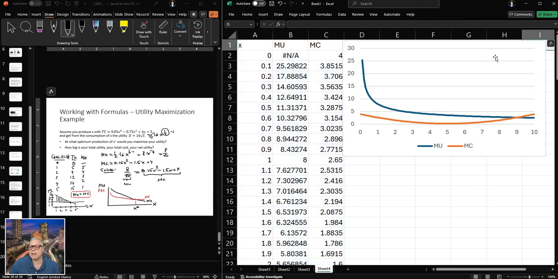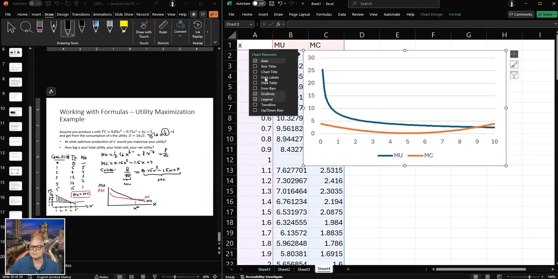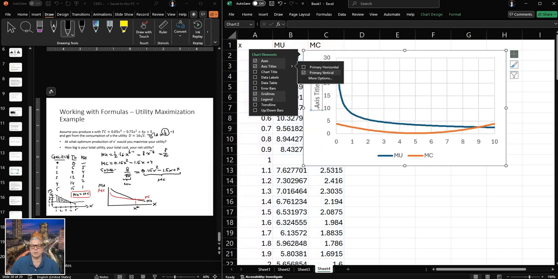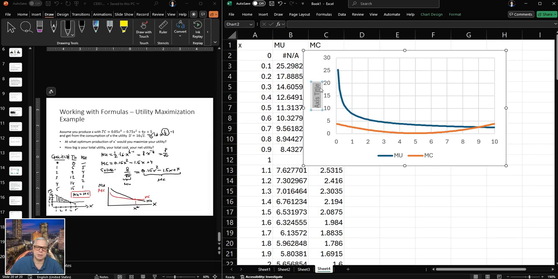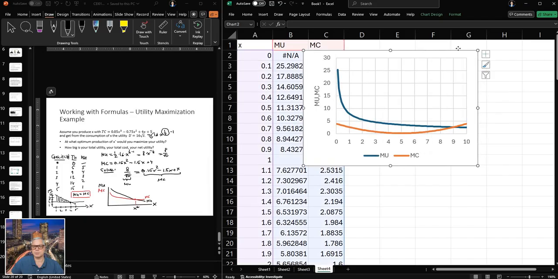We can still add the vertical grid lines if we want to, and maybe an axis title, primary vertical. So here we have both marginal utility, which is blue, and marginal cost.